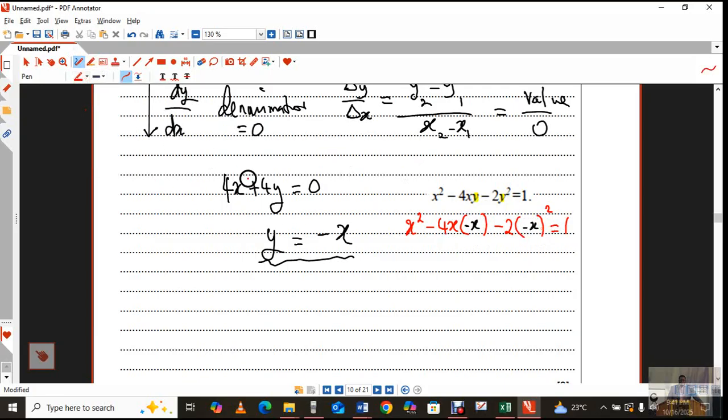This cleans up to, if you work it out with me, x squared plus 4x squared, minus 2x squared is equal to 1. This is 5 minus 2, that is 3x squared is equal to 1.